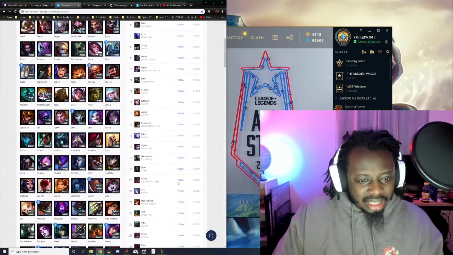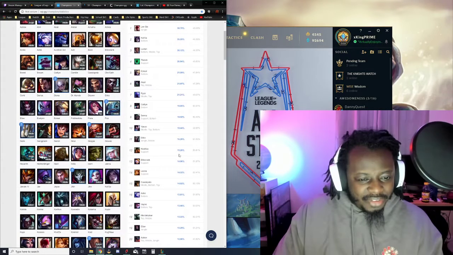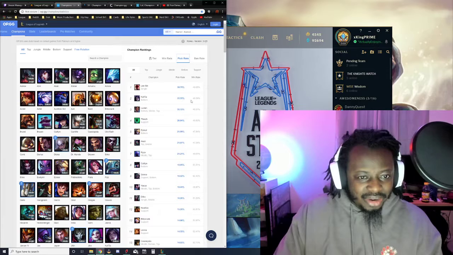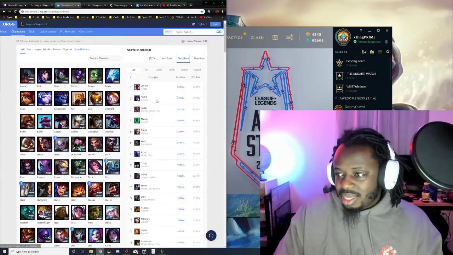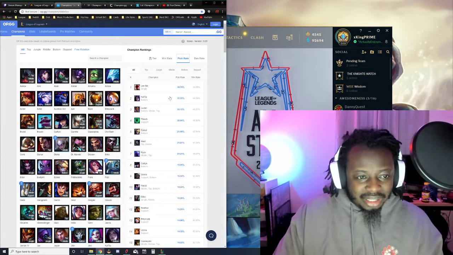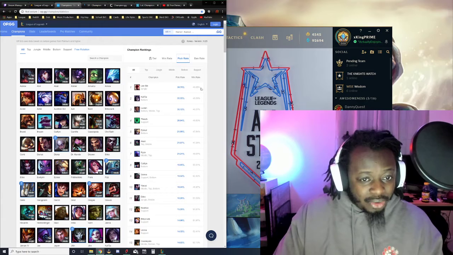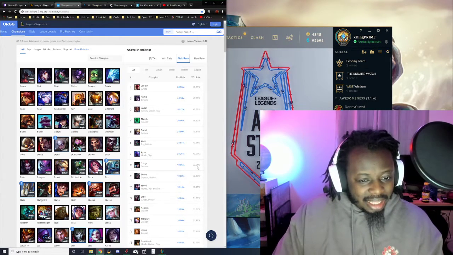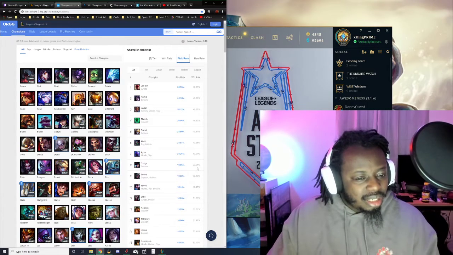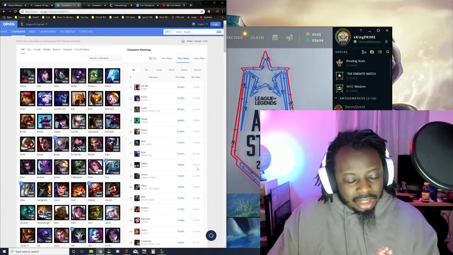Anything over 15 and higher, because it goes 15, then it goes to almost 20, and then you're in the stratosphere picks. So if you're finding champions that have these super high pick rates, but are also floating around 50% as well as above 50%, that champion I would consider strong or overpowered.